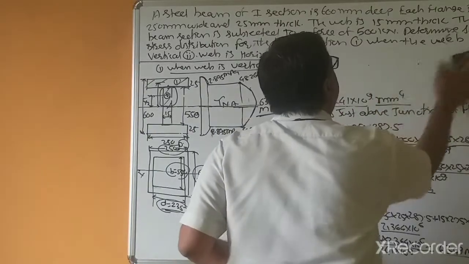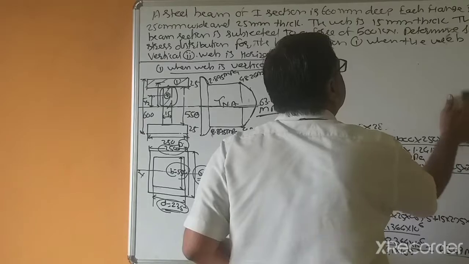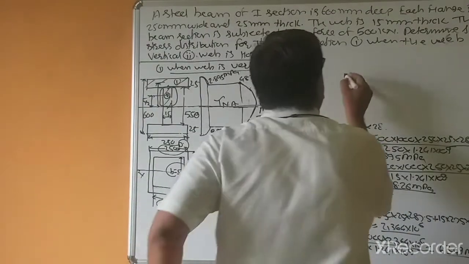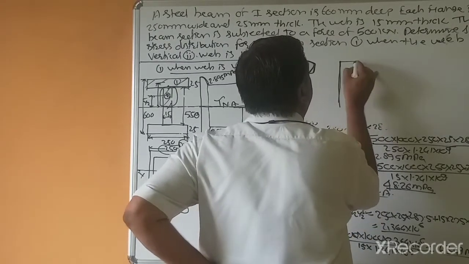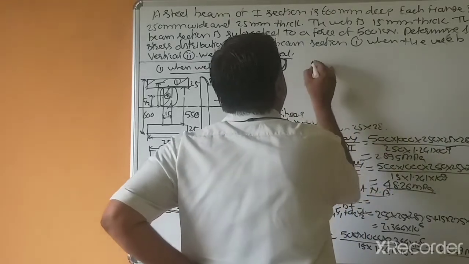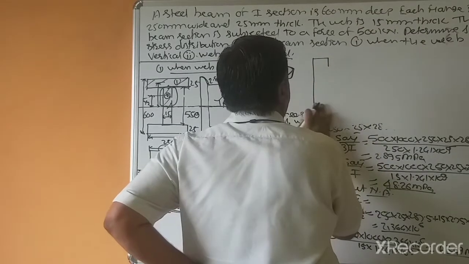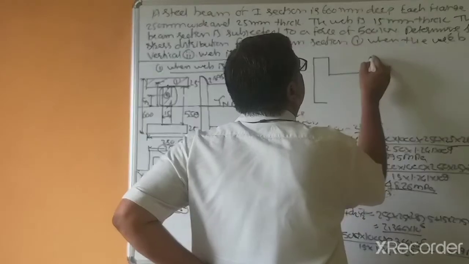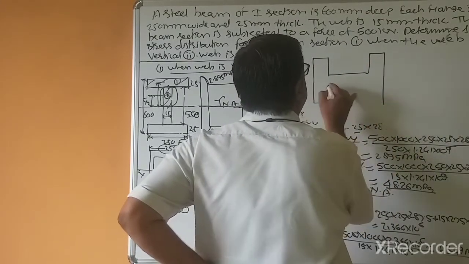Now for second part, so this wave is horizontal. Horizontal means now H type. Otherwise, because we require that space for distributions of the shear stress.